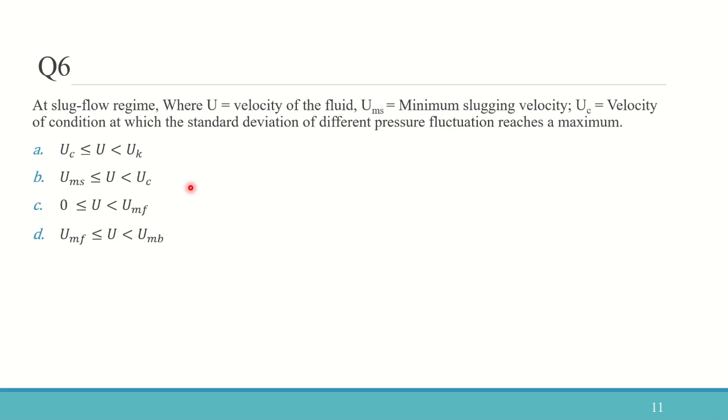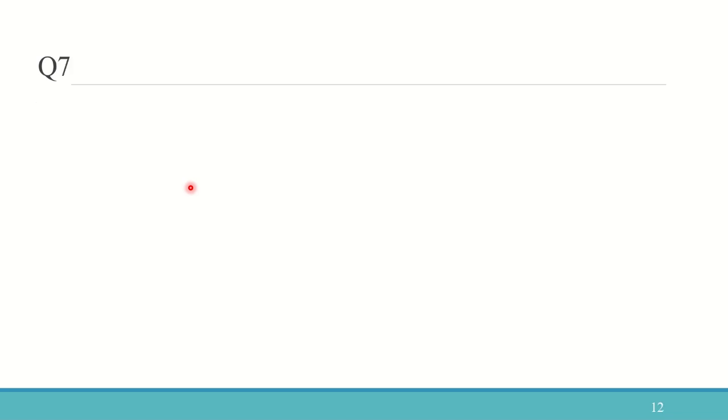So the operating fluid velocity should be greater than UMS, that is the minimum slugging velocity, but less than the velocity at which the standard deviation of differential pressure fluctuation reaches a maximum. So option B is the right answer.